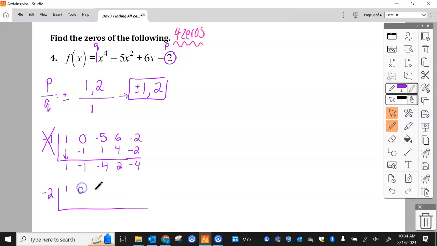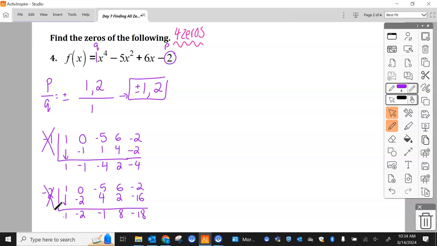Okay, 1, 0, negative 5, 6, negative 2. Bring down that first term, multiply, add, multiply, add, multiply, add, multiply. Nope, that's not going to work. So negative 2 is not an option.